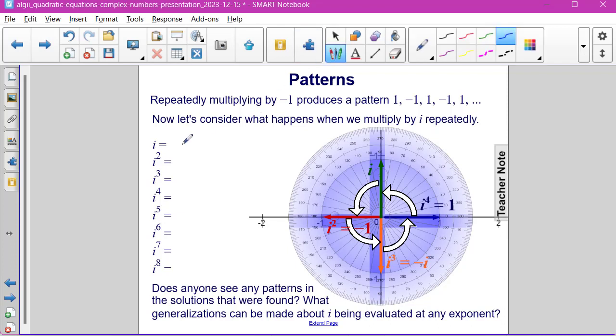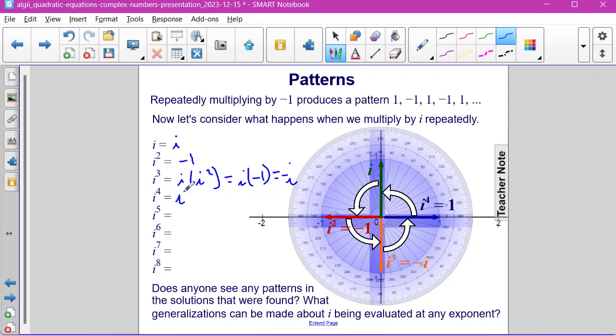If we just have i, or i to the first power, we just have i. i squared, we know by the theorem, is equal to -1. i cubed, we have i times i squared. Well, we know i squared is -1, so we would have -i. Now let's look at i to the fourth.